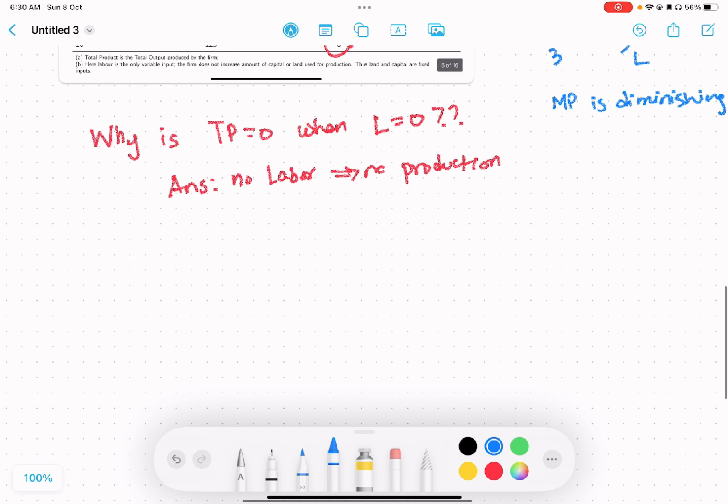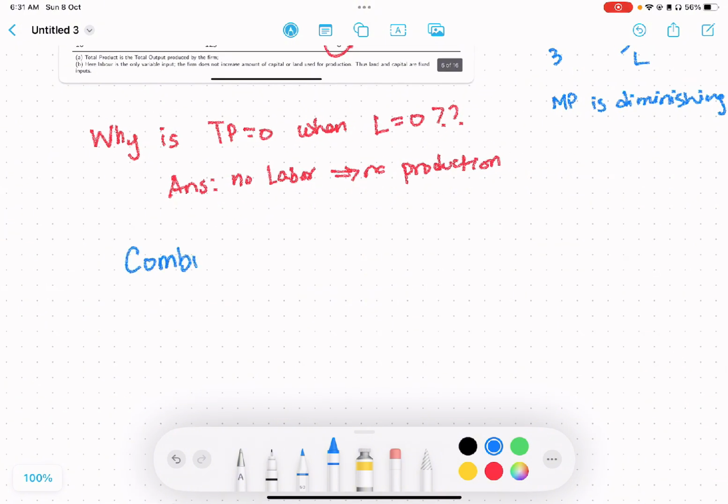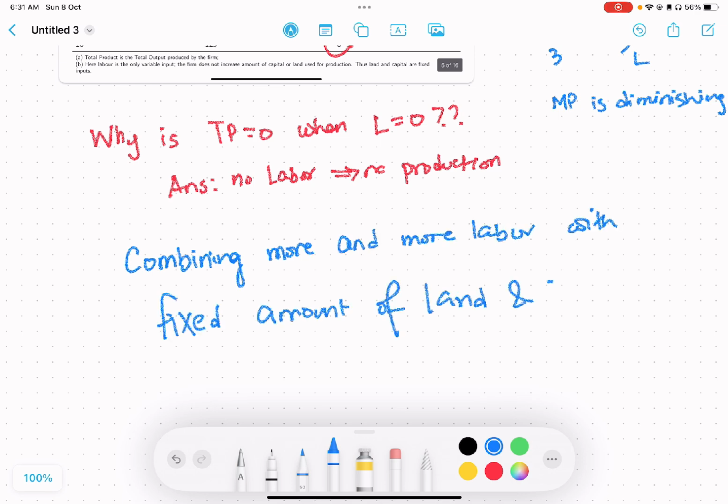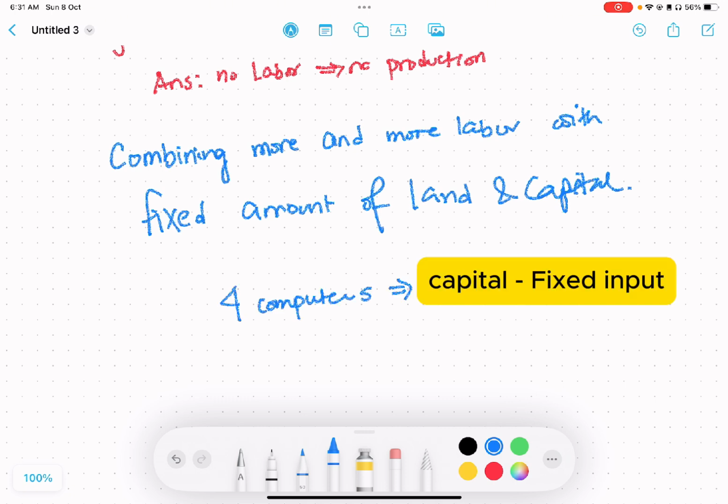The main reason why marginal product is diminishing is because we are combining more and more labor with a fixed amount of land and capital. Remember I gave that example in class that if you've got 4 computers in a lab, this is your fixed input, your fixed capital.